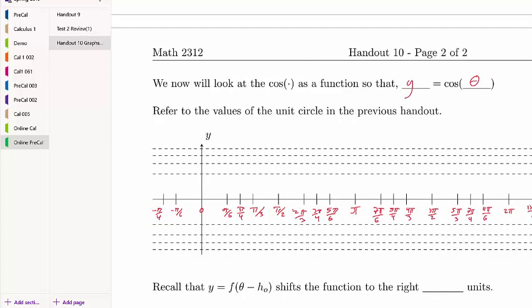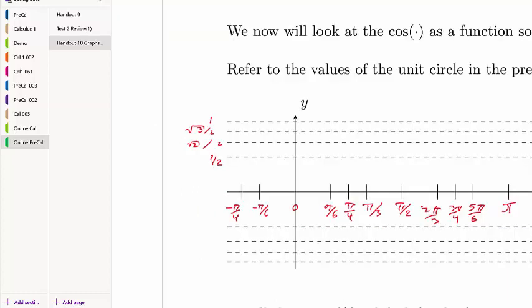The y-axis, again, is going to stand for the x coordinates of the unit circle at a given angle. All given right here, and of course they would repeat down here: negative 1/2, negative root 2 over 2, negative root 3 over 2, and then finally negative 1. So again, note that all the x values are the same as the y values on the unit circle.